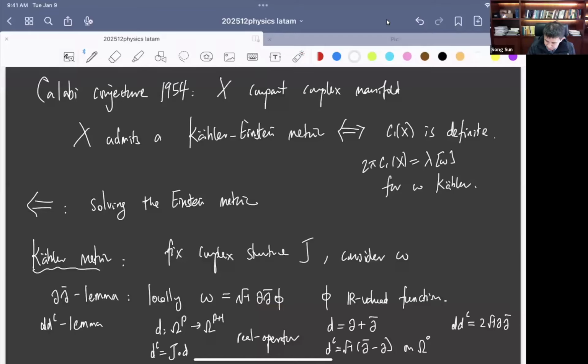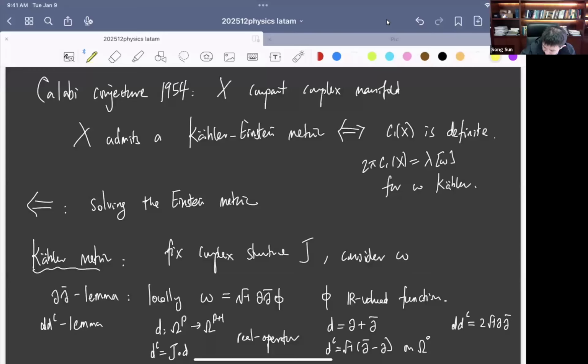Given a phi, you can do this, and this defines a Kähler metric if and only if, I mean, you get a two-form, and if we want it to correspond to a metric, you need some positivity.